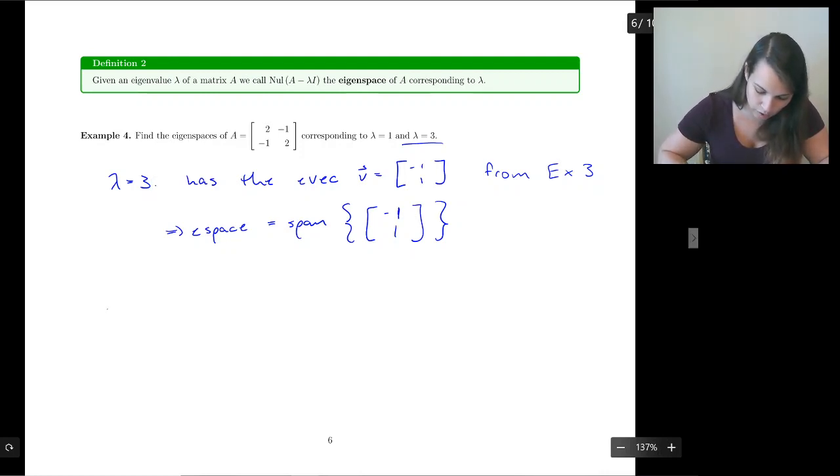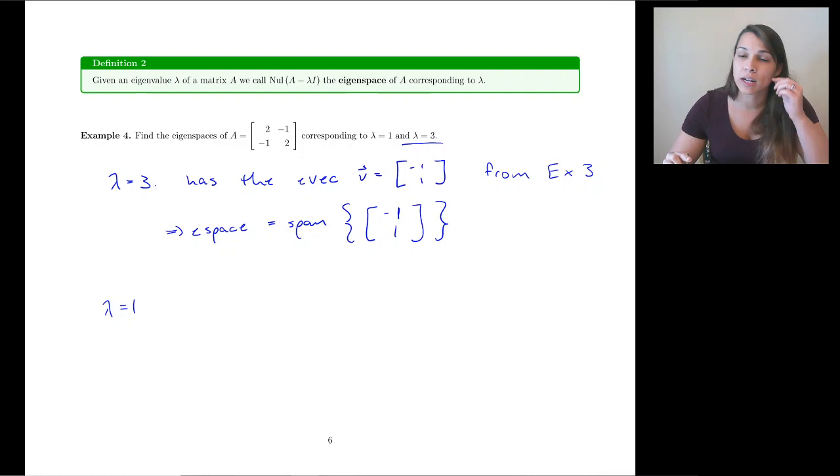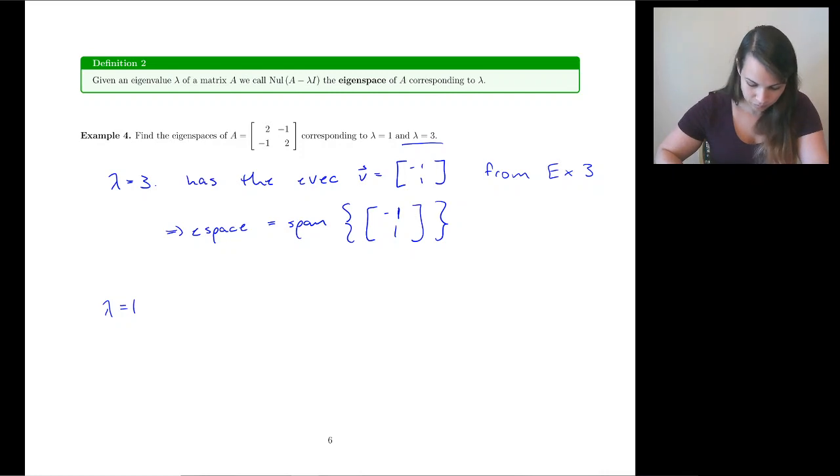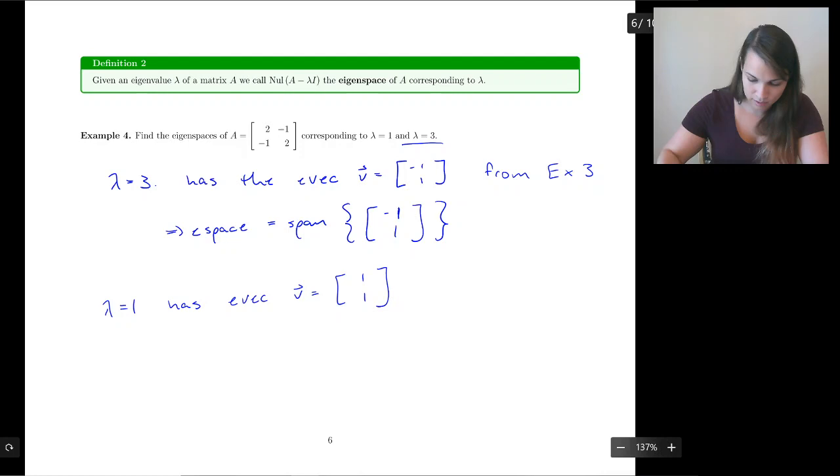So we're going to do lambda equals 1 next. We don't have to repeat the process of finding the eigenvector because we have already seen today that it has the eigenvector 1, 1.